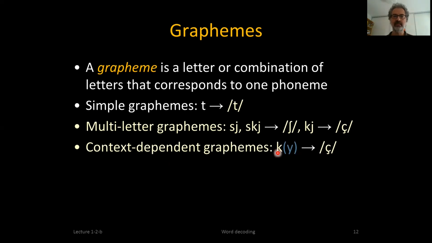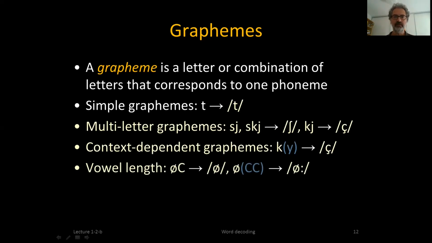So the context in which this letter, this grapheme, finds itself determines how it will be pronounced. Note that this is not a multi-letter grapheme because this letter is then pronounced. So that's a different grapheme. But this one depends on this one for determining how it will be pronounced correctly.